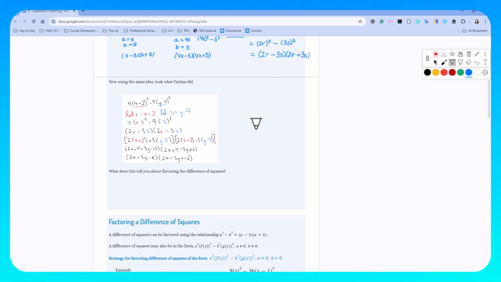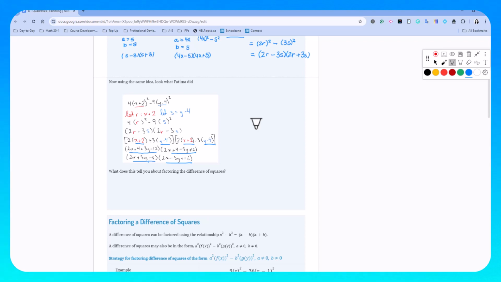And then when she gets to this point, she substitutes everything back in. Notice here we've got the x plus 2 and the y minus 4, and then she has everything inside the brackets, which she simplifies down to these two factors in terms of x and y. So what does this tell you about factoring the difference of squares?